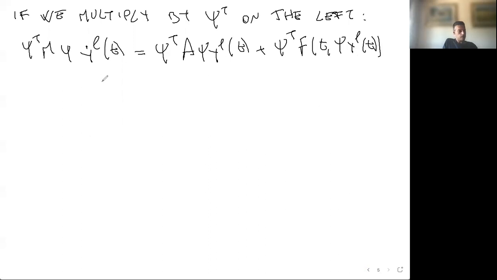And also we get that psi transpose psi YL of 0 is equal to psi transpose Y0.